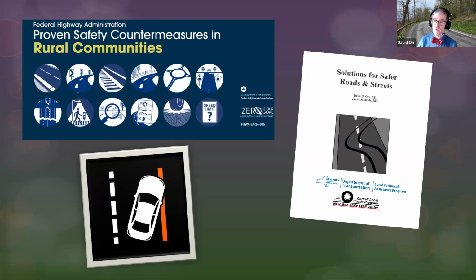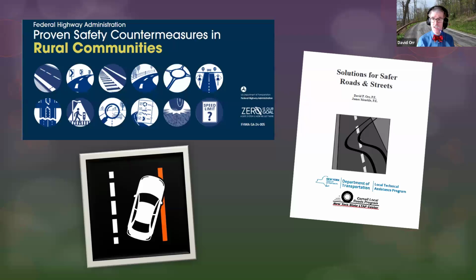I'm showing a graphic from their rural communities one, but there's actually a lot more than just rural. There's urban ones as well. We'll be talking about those next week. Our workshop on solutions for safer roads and streets, which actually pulled a lot from some of the materials that we're talking about today and from the Federal Highway Administration, and the New York State's Roadway Departure Safety Action Plan. And we'll be talking a little bit more about that, though we talked more about that last week and why it was put in place.